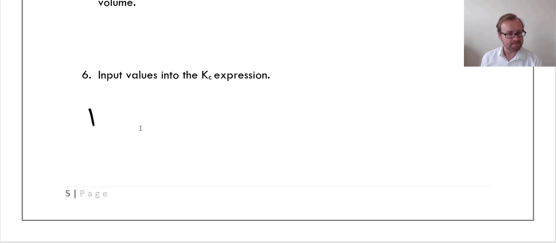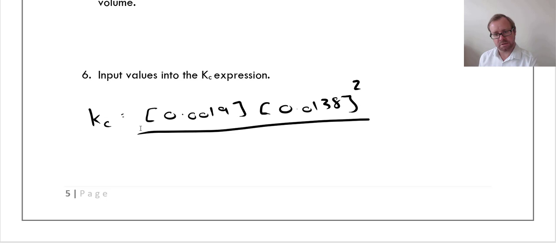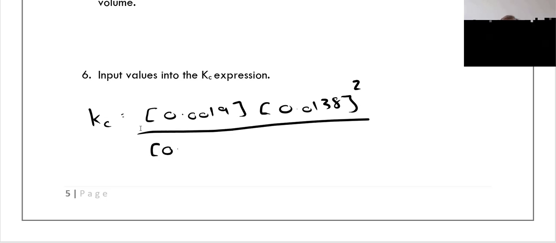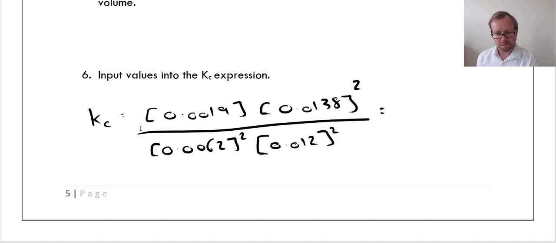So Kc is equal to my products over my reactants, so 0.0019 for my NO over my concentration of water raised to the power of 2 over the concentration of my reactants, which gives me a value of 65.4.